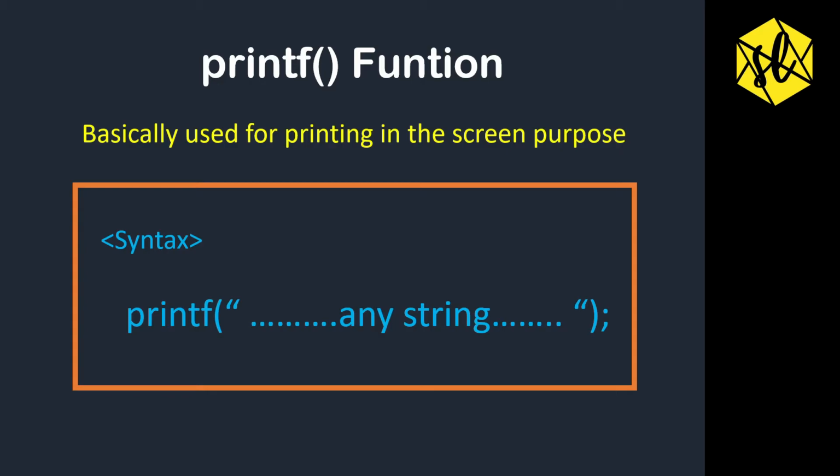Whatever we want to print on the screen, we have to use the printf function in C. Also, the printf function is present in the stdio.h file. stdio.h is a preprocessor directive where the printf function is present. So the first syntax of the printf function is printf, and in inverted commas we can write any string.